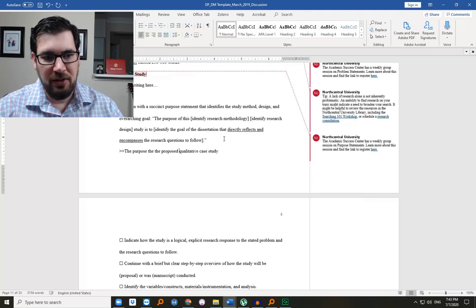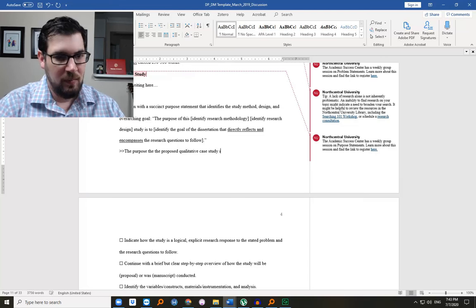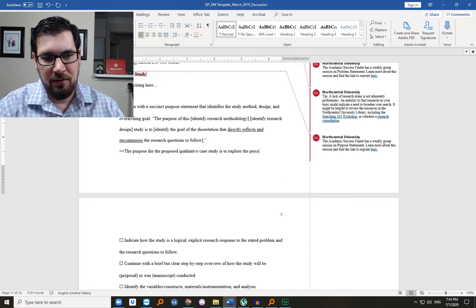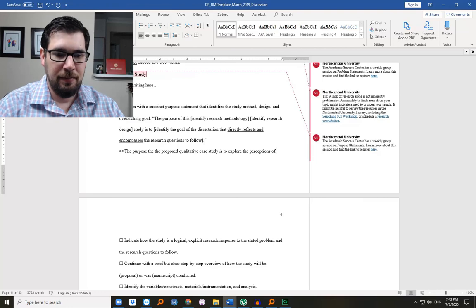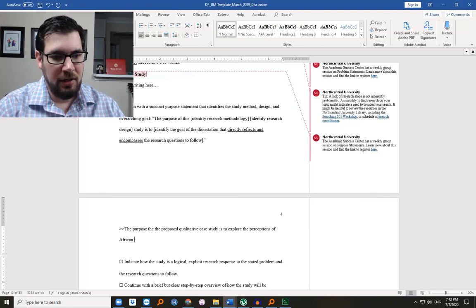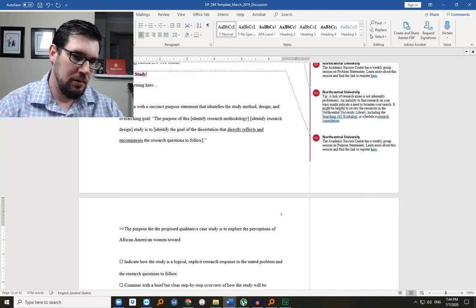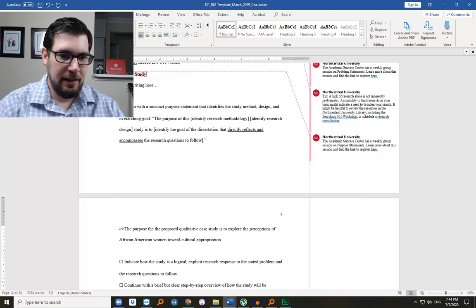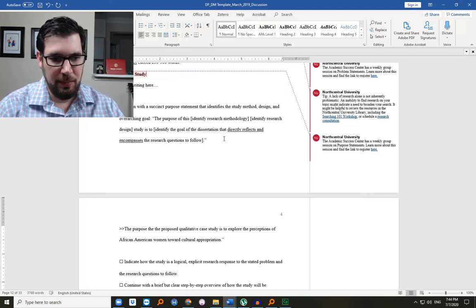I use the proposed and then I insert the methodology, and then the design, is to explore the perceptions of African American women toward cultural appropriation, and we could just stop it there.